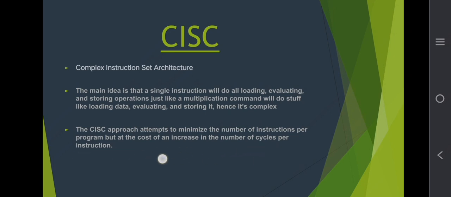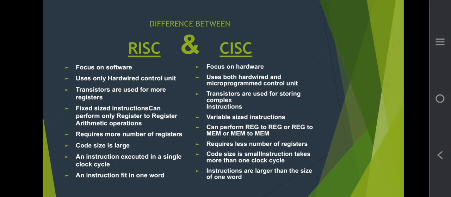So let's start with the difference between RISC and CISC. RISC, that is reduced instruction set computer, deals with less number of instructions, and CISC, that is complex instruction set computer, has a large number of instructions. First of all, RISC focuses on software, whereas CISC focuses more on hardware.